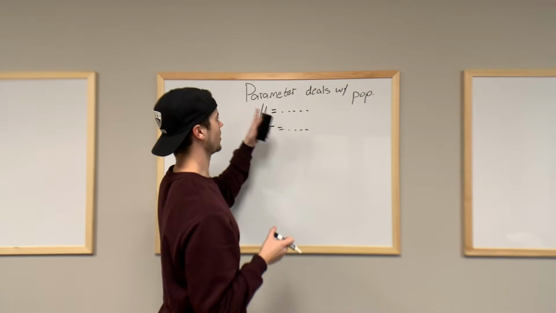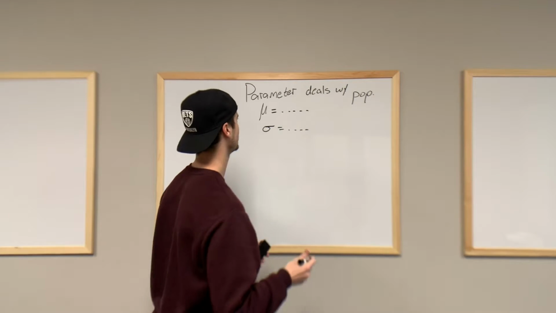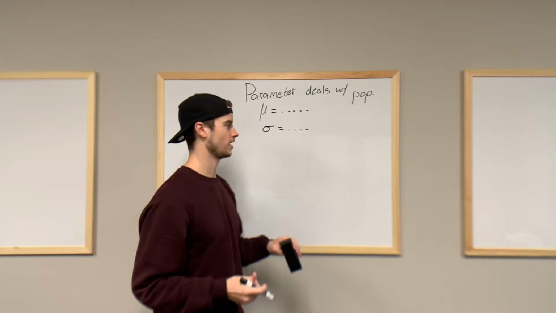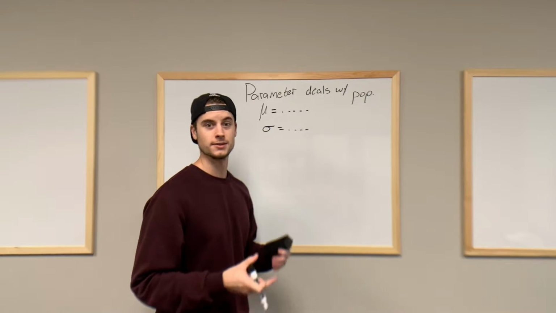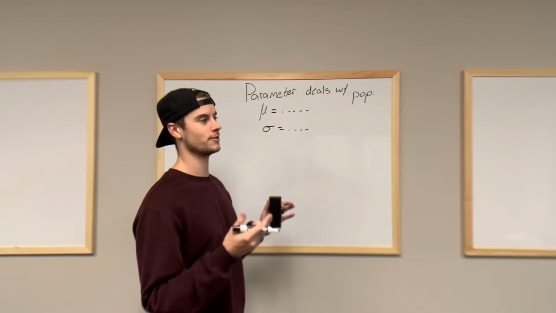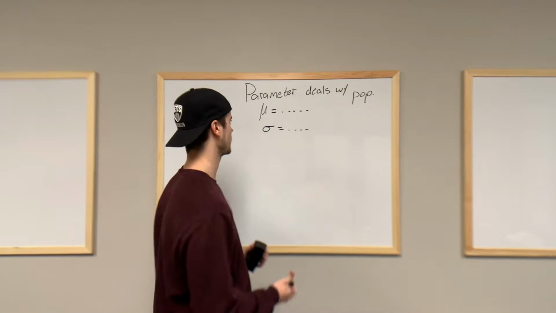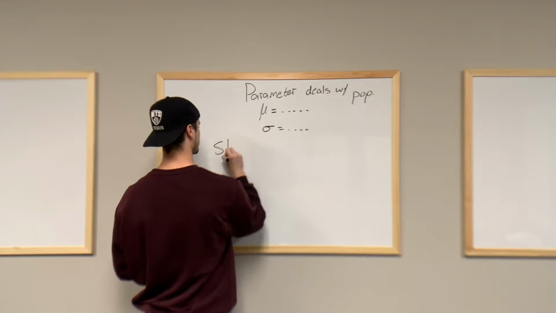Parameter, population, there you go. Real easy to remember, right? So a statistic deals with the sample. Again, they make it easy for us. Parameter, population, P for P, and then S for S, okay?